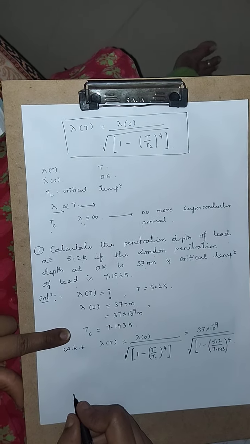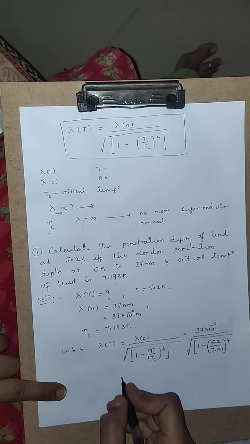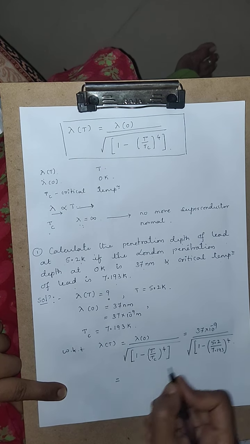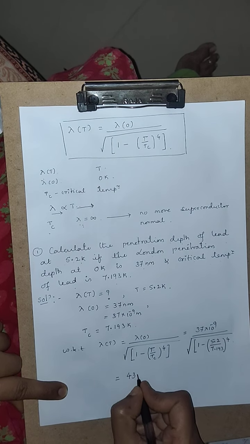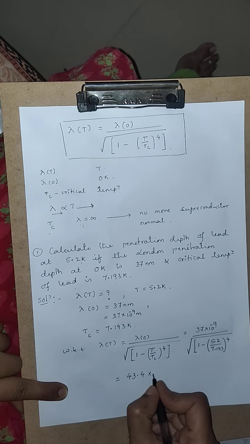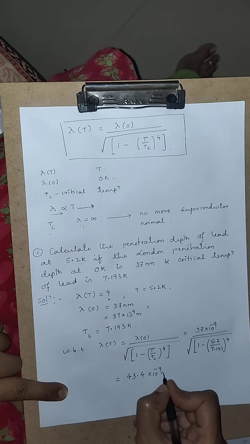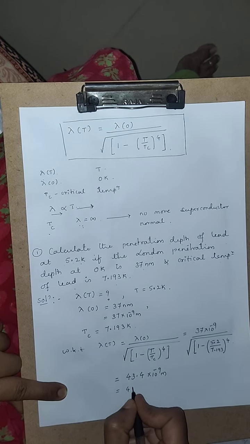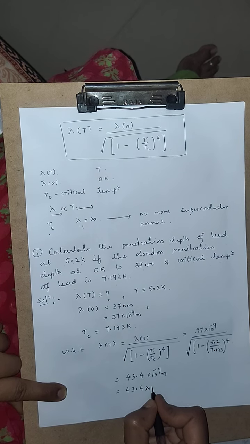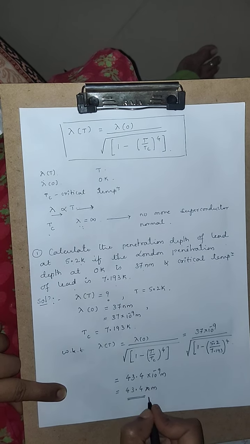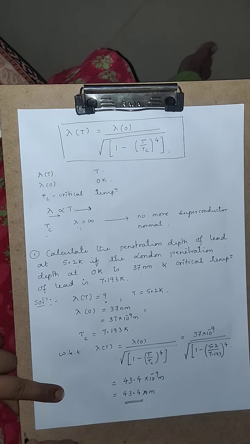Substitute these values in your calculator. Use the calculator in complex mode. Directly substitute the equation and you will get the answer as 43.4 into 10 raised to minus 9 meter, or 43.4 nanometer. This is the London penetration depth.